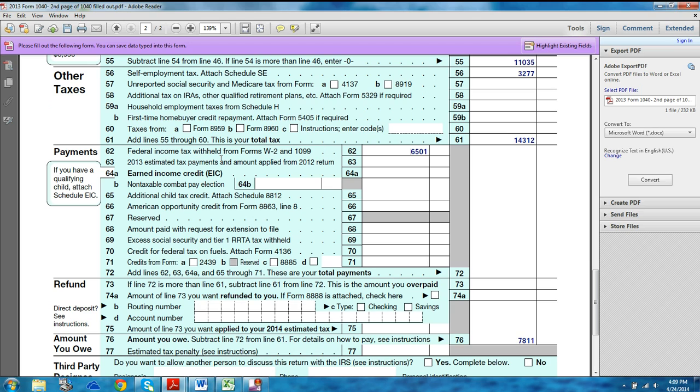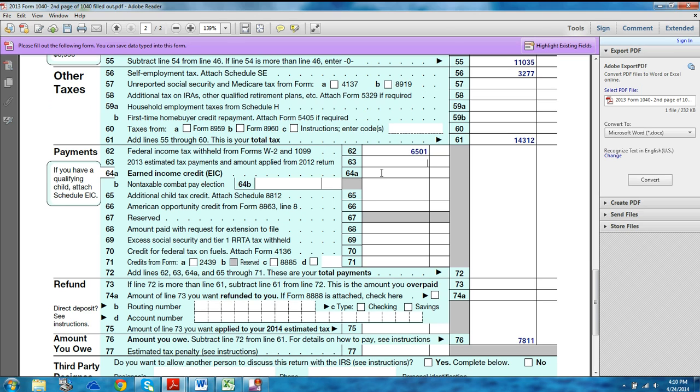But if you are self-employed, or you have partnership income, or you have a lot of income that you're not withholding taxes on, you should make payments to the IRS, usually quarterly. You can do it monthly if you want, if that's easier for you. But this is where that would go.